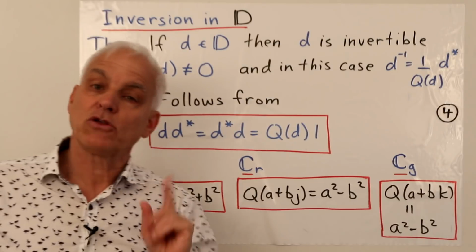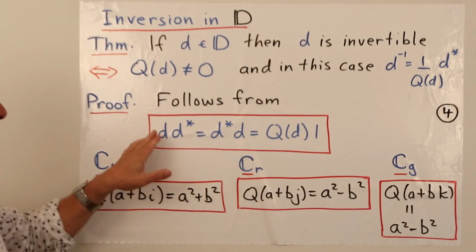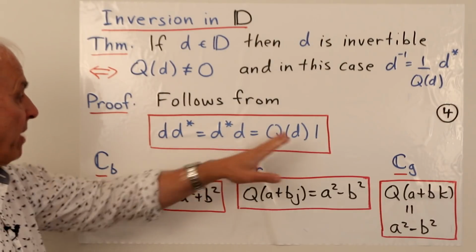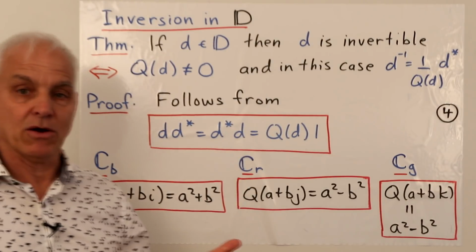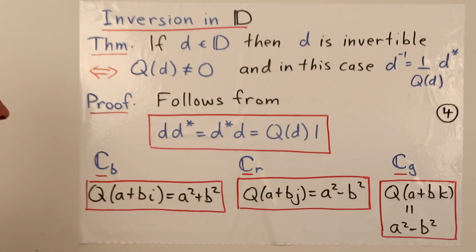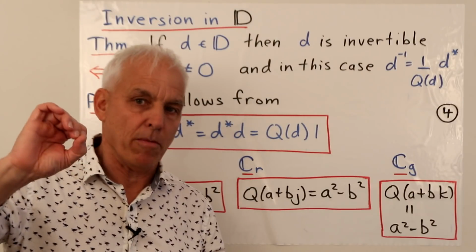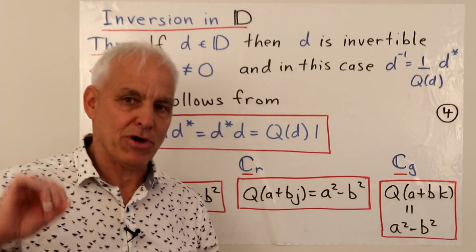That means that D is not going to be invertible. It's not going to be invertible because if it was invertible, then you could take that equation and multiply by the inverse and deduce that D star was equal to 0. Okay, so invertibility now is a question of whether this quadratic form is 0 or not.